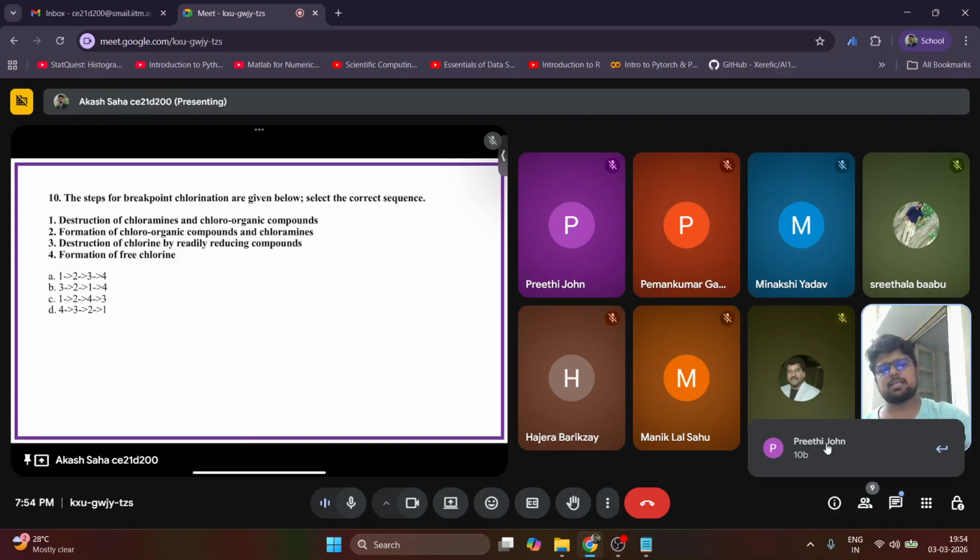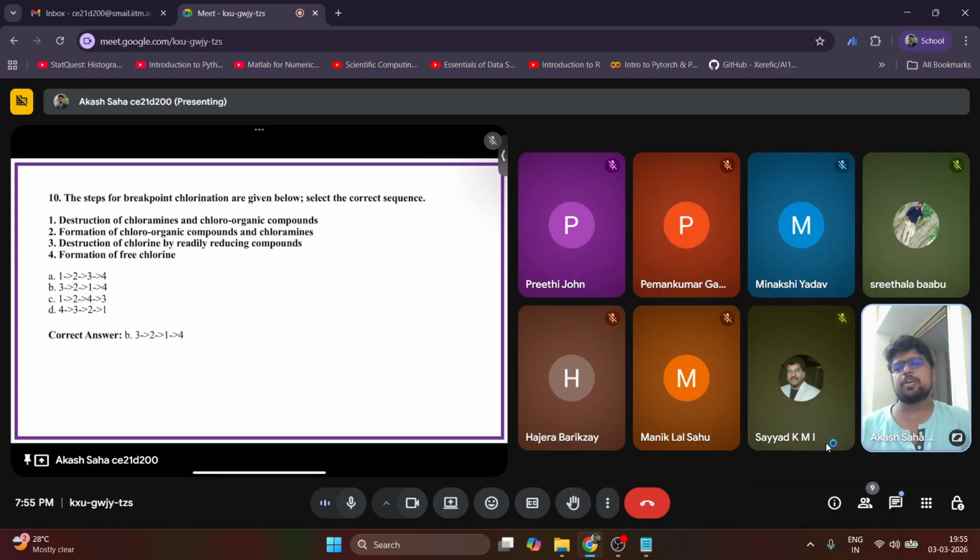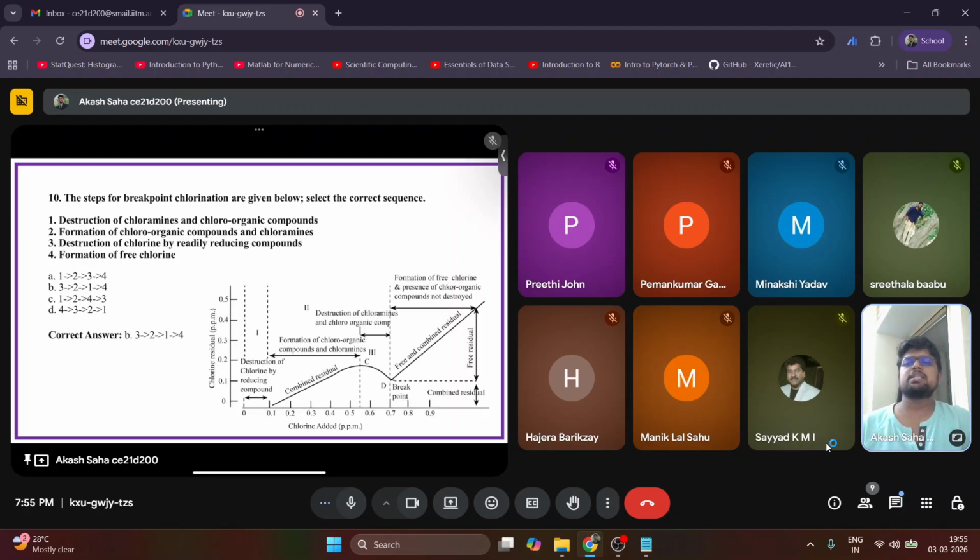B is the correct answer because this is very direct. First, the destruction of chlorine by readily reducing compounds will happen. Then the formation of chloroorganic compounds and chloramines will happen. Then the destruction of chloramines and chloroorganic compounds will happen.